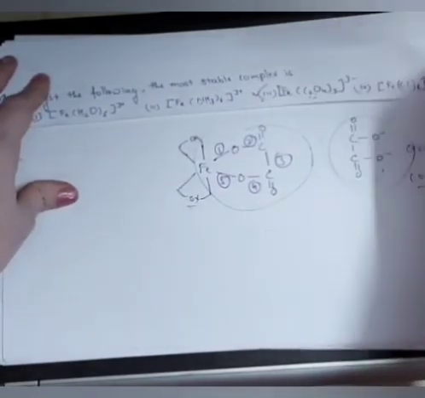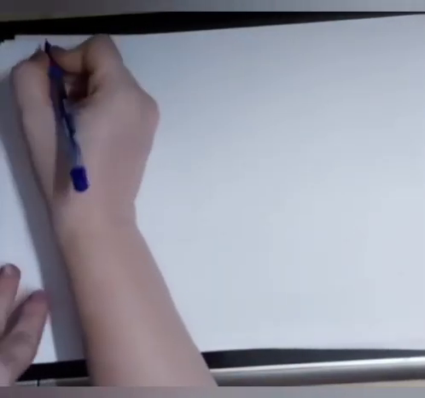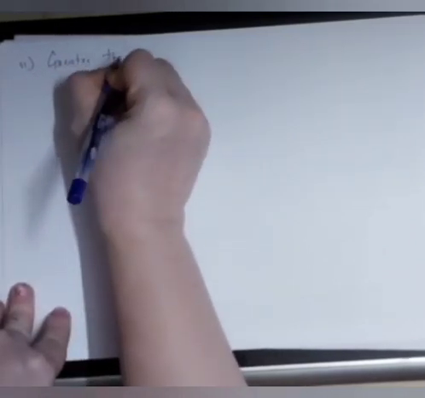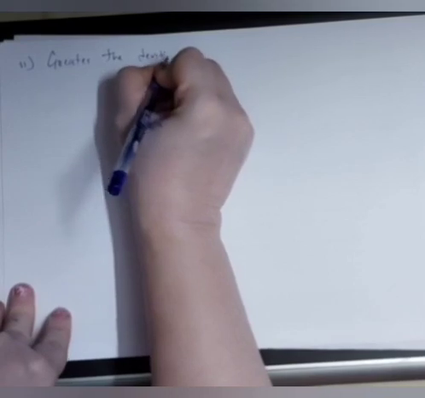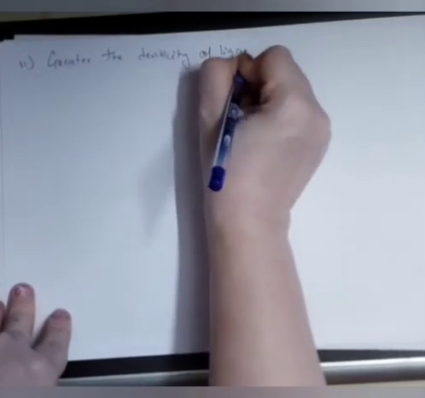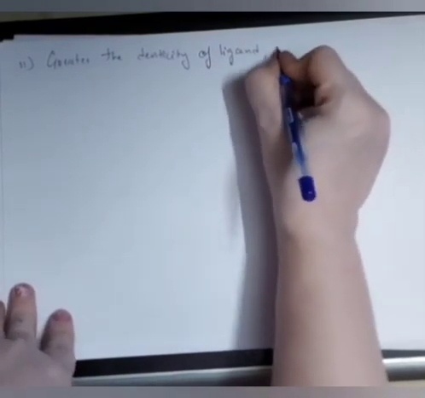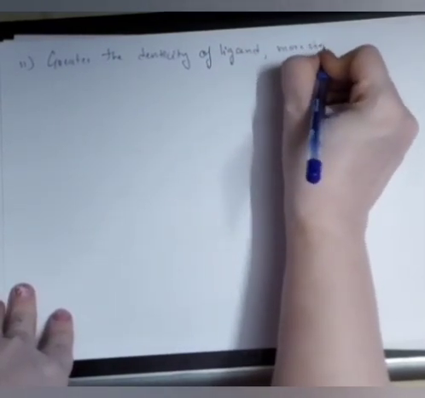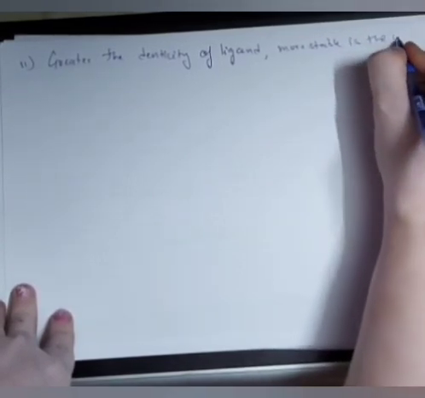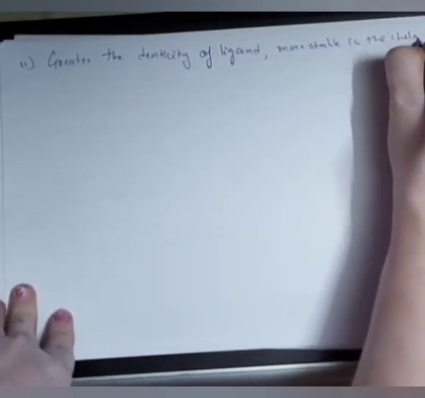Another characteristic: the greater the denticity of the ligand, the more stable is the complex or chelate formed.